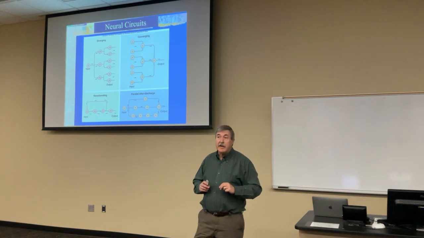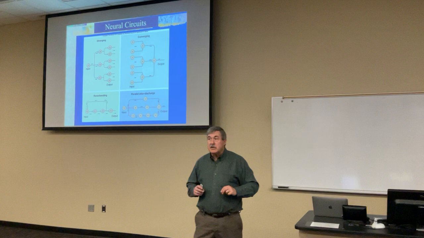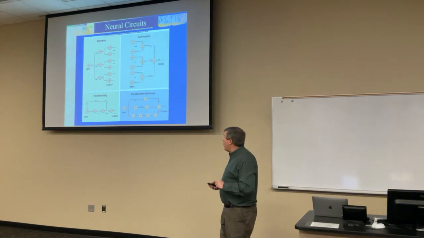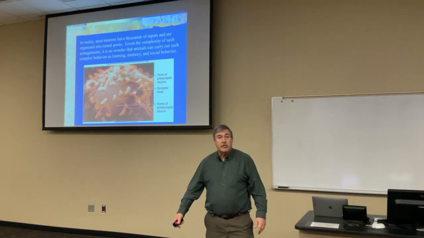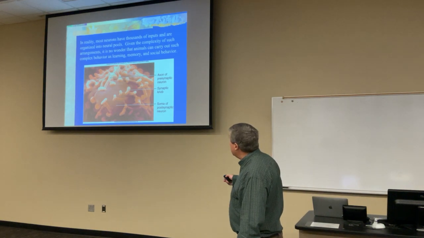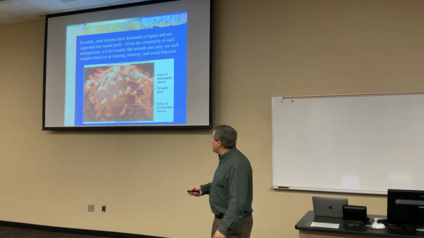I don't think they'll ever figure out everything about how the brain works, but they are figuring out some of the simpler pathways. Okay. All right, well, let's see. So like I said, in reality, one neuron in the brain may have as many as 40,000 synapses. Each of these little things is a synapse. And so it's no wonder we can do so many amazing things.